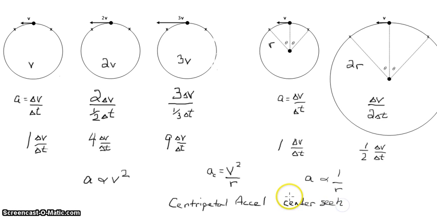Okay? And as we've been looking at, our change in velocity arrow or acceleration arrow is always pointing towards the center. So the centripetal acceleration is a mathematical way to determine the magnitude of an acceleration that is caused by the velocity vector that changes as an object travels in a circle.